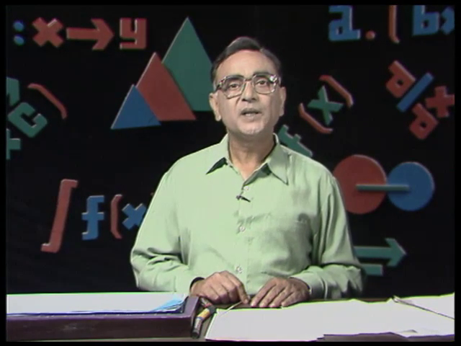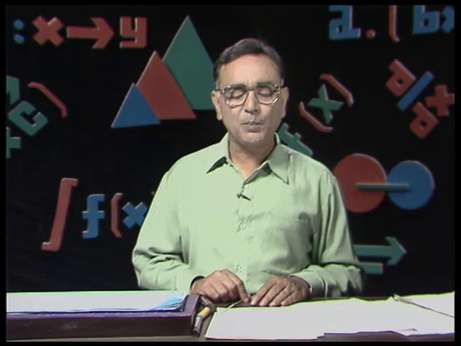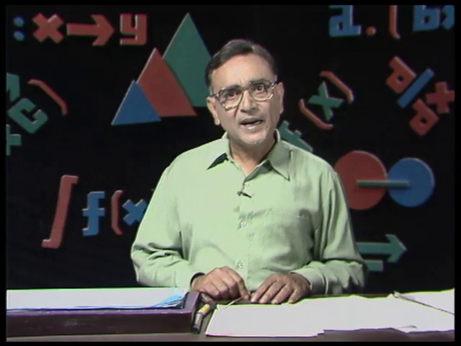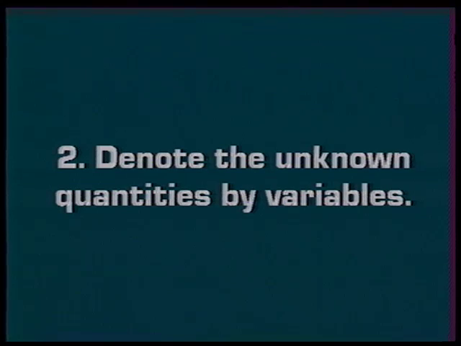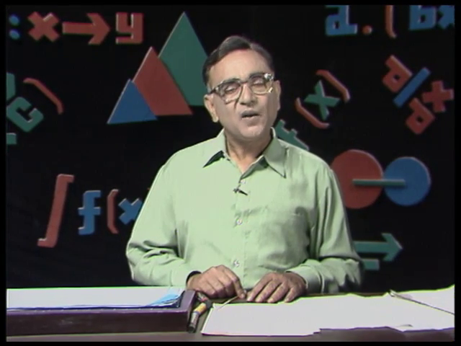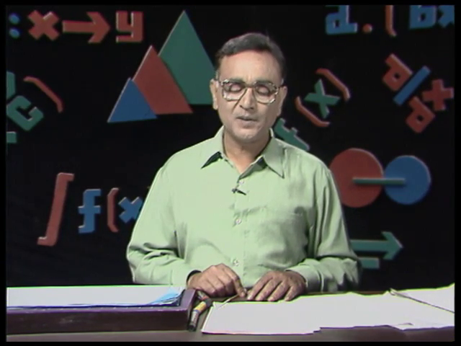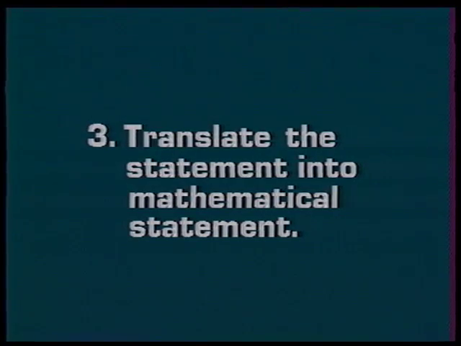Now, while doing these problems, you have to take care of some things. What are those? First of all, you must read the problem carefully and note down what is given and what is required. After that, denote the unknown quantities by variables. Then translate the statement of the problem step by step into mathematical statements.